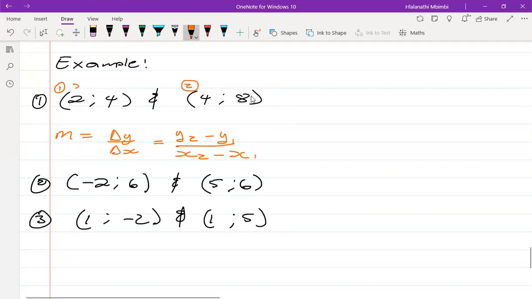That means this would be x1 and this would be y1, and this would be x2 and this would be y2. Then you can calculate so that you don't make an error. So here you can say 8 minus 4 divided by 4 minus 2. That would give you 4 over 2, and the gradient is 2.